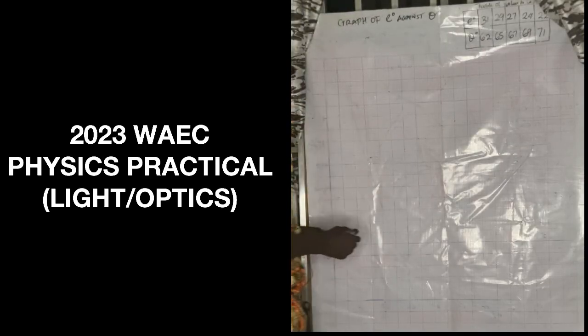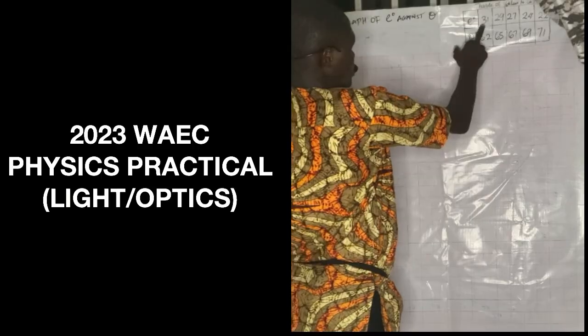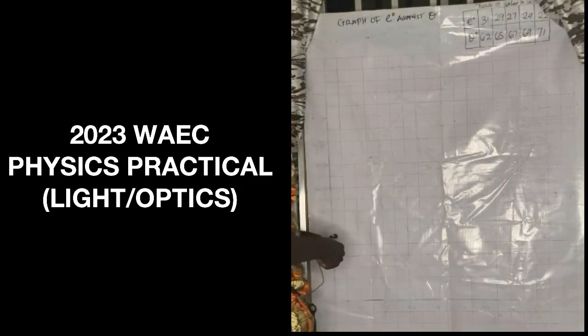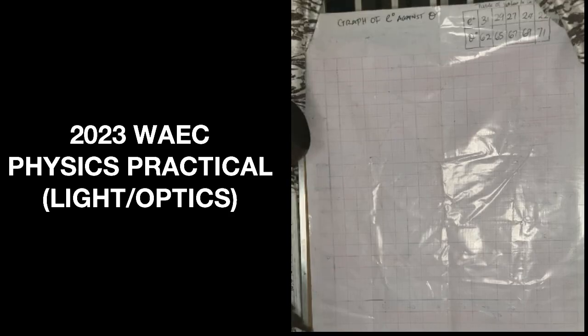The next thing now is to choose your scale. What should be our scale? The highest value here is 31 and the lowest value is 22. And I know that every two boxes here is 2 centimeters. That is the WAEC standard. That big box of WAEC standard is 2 centimeters.